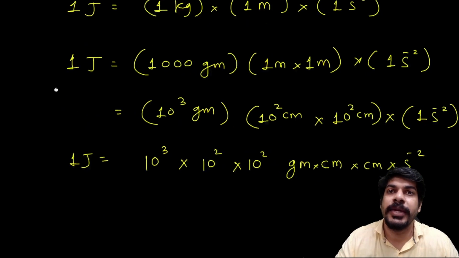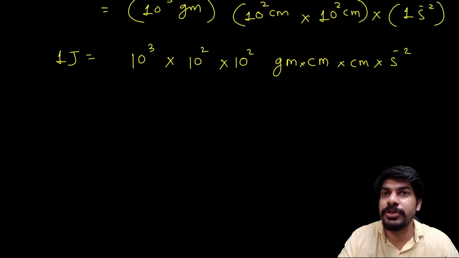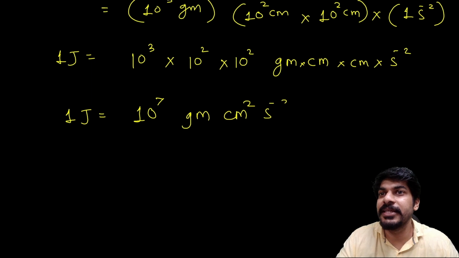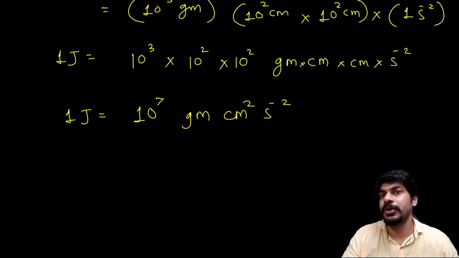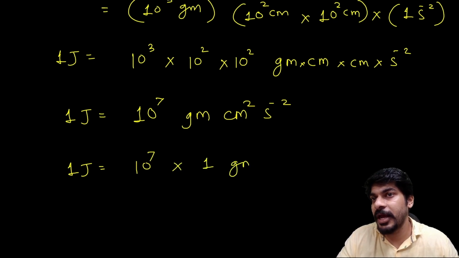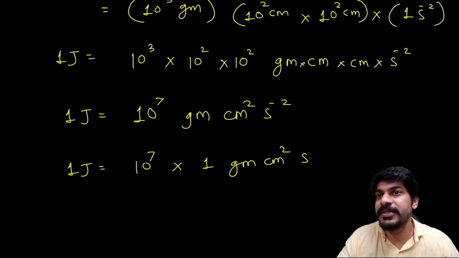Okay, so let's solve this. 1 joule is equal to, how much would it be? 10 raised to 7 gram centimeter squared second inverse squared, isn't it? Or we can write this as 1 joule is equal to 10 raised to 7 into 1 gram centimeter squared second inverse squared. Is it?